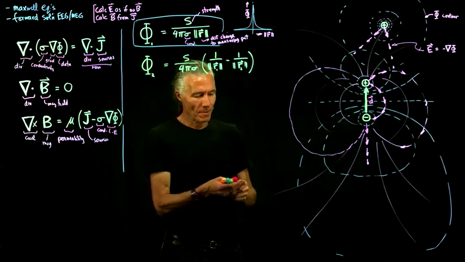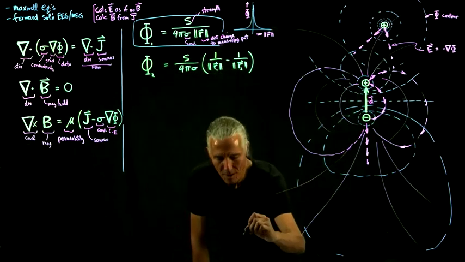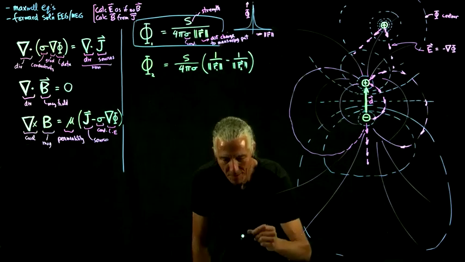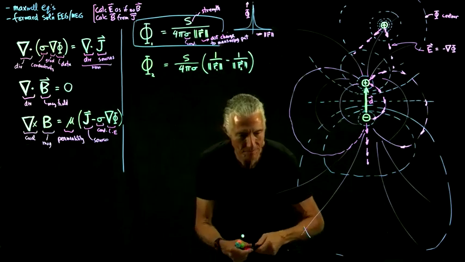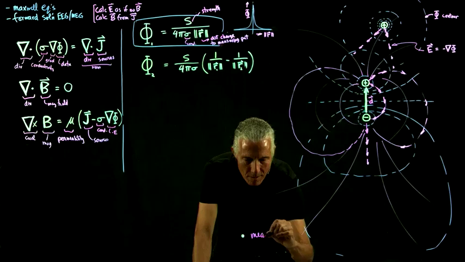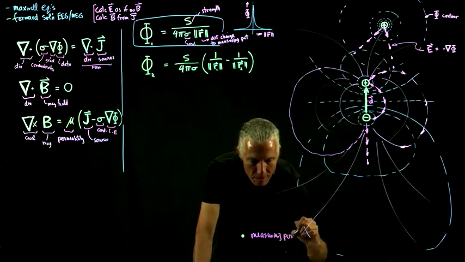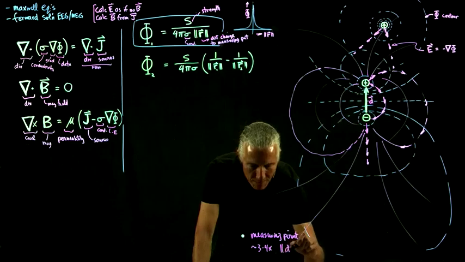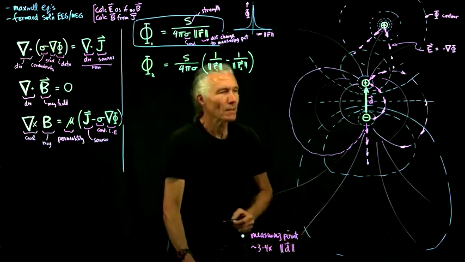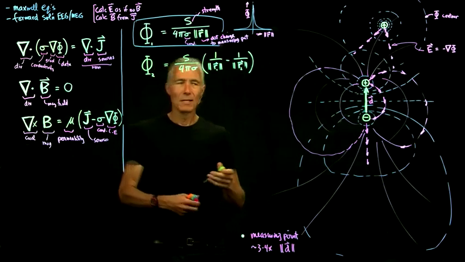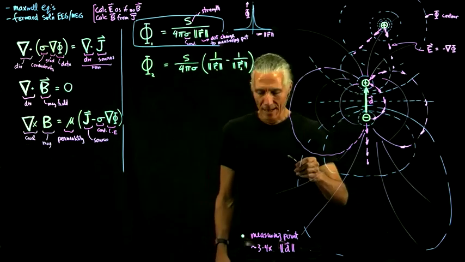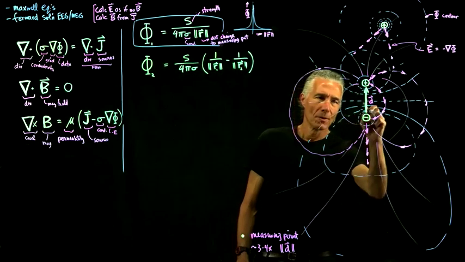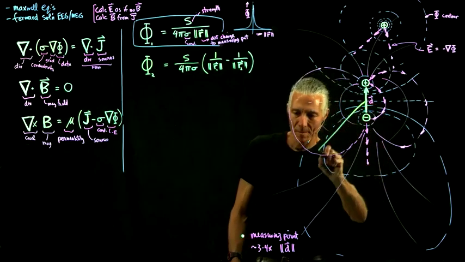And so then if we draw another vector to our measuring point, so here's our measuring point, 3 to 4 times the length of D. So D was the distance between the positive and the negative charge. Then, so let's aim down here.